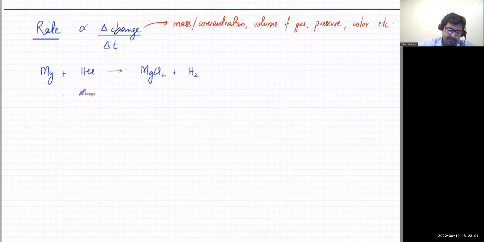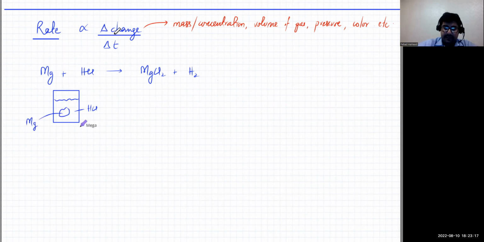You've got HCl, and you can put a piece of Mg in it, and you can just measure how quickly that dissolves. So that is one measurable, observable thing that you can do. You can take a stopwatch. Remember, a stopwatch is very necessary because remember it's delta T. So one of them is, let's measure how quickly Mg dissolves.